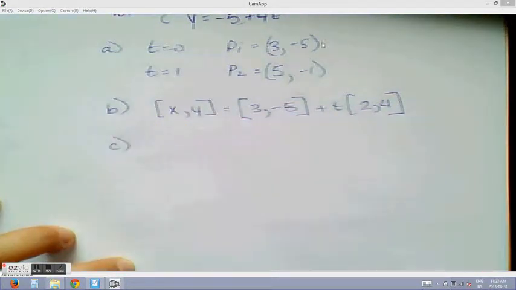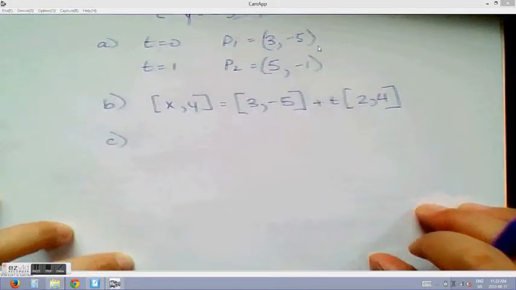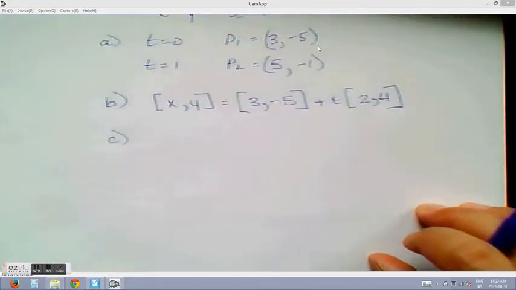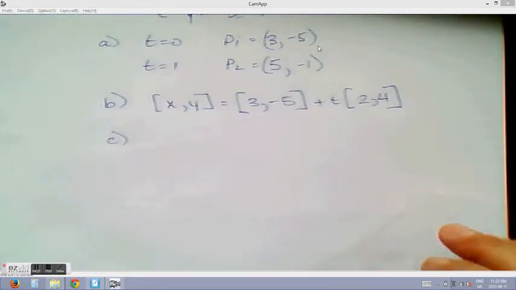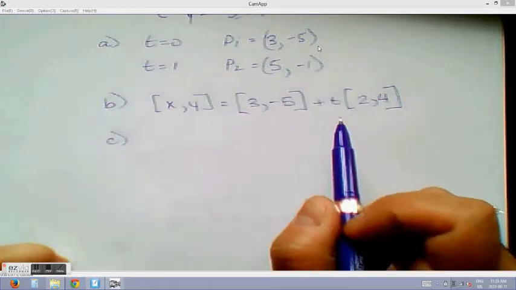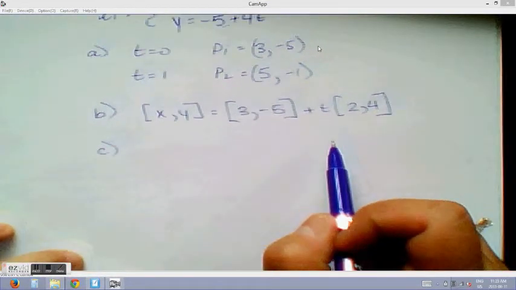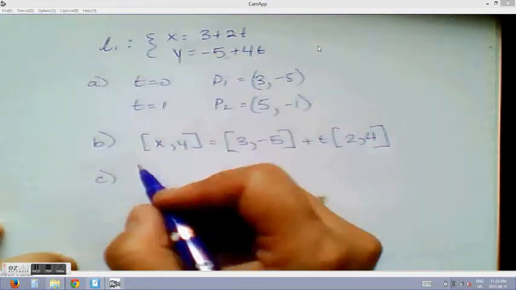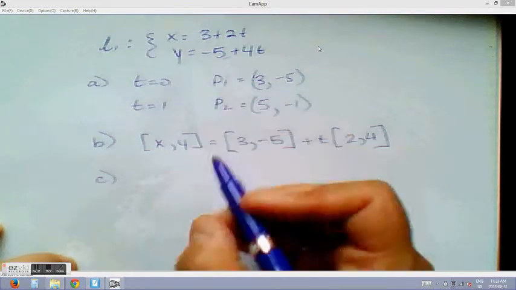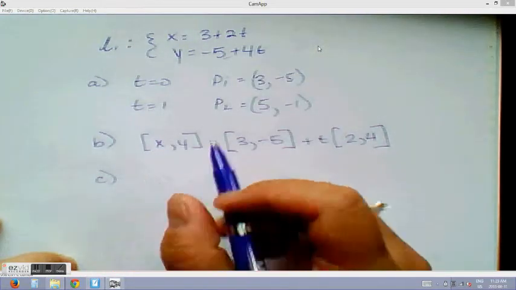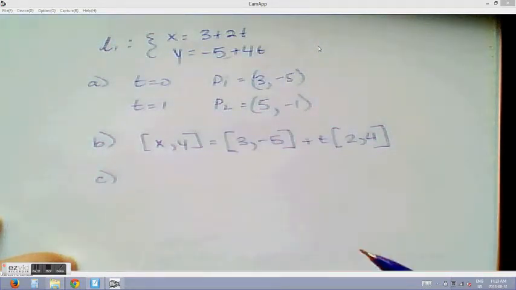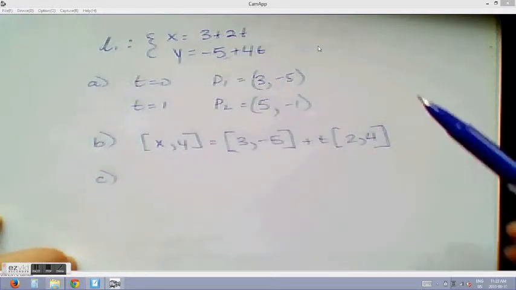The C part is we want to write a scalar equation of the line. Let's go back to here. Let's take each part of the line in the parametric equation. Scalar equations do not have parameters, so we're going to eliminate the parameters.